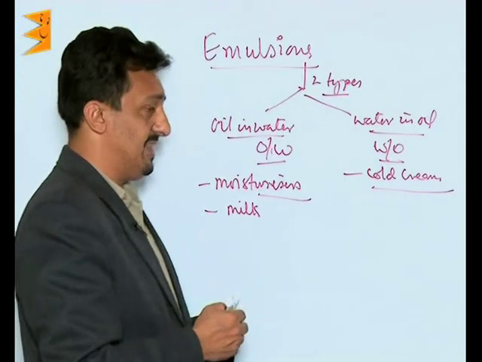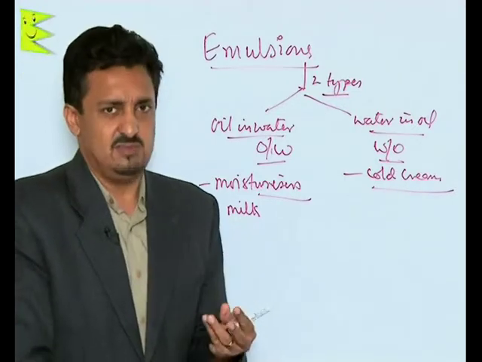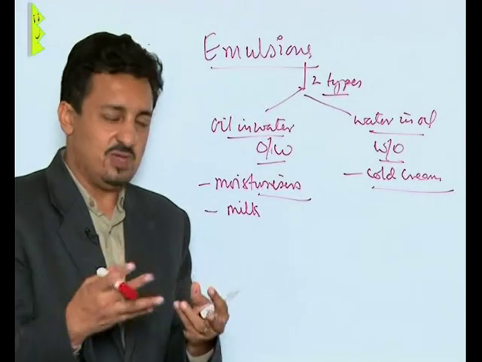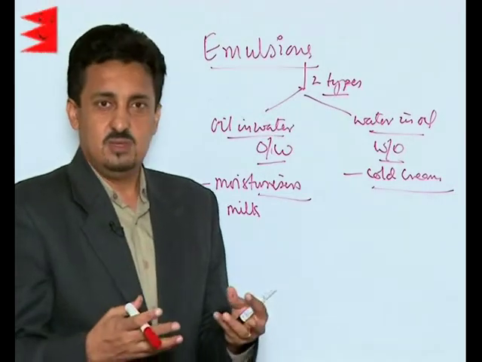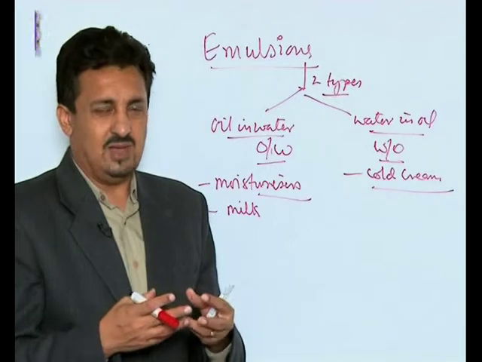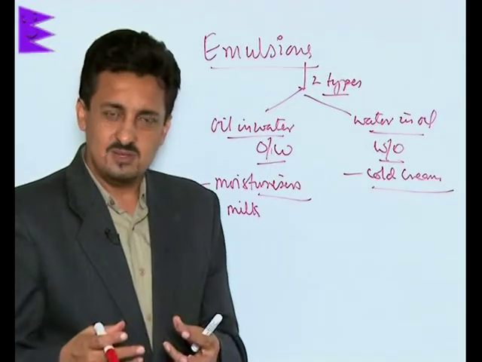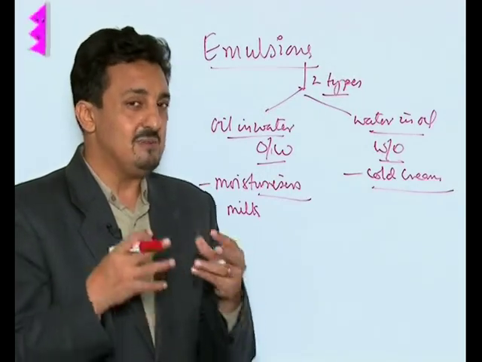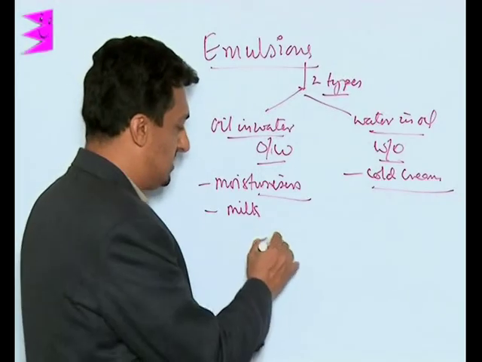Now you need to understand that emulsions are very unstable. They very easily coagulate. Like you know that you can't keep milk for a very long time, 7, 8 hours, 12 hours, 1 day maximum, otherwise it gets coagulated. Now in order to make these emulsions stable, we need to add certain chemicals.